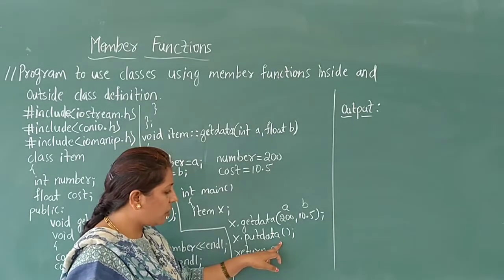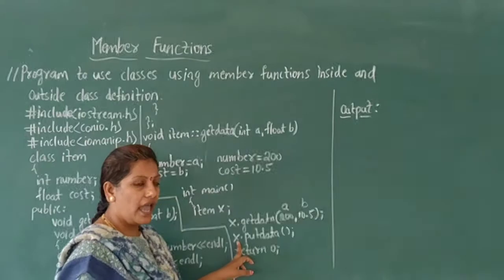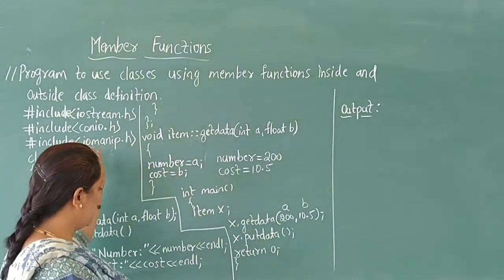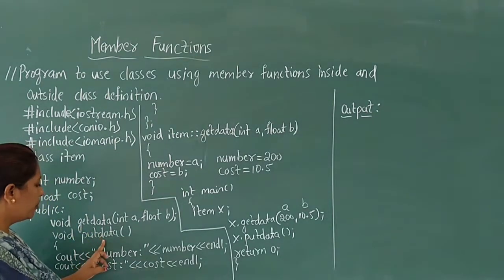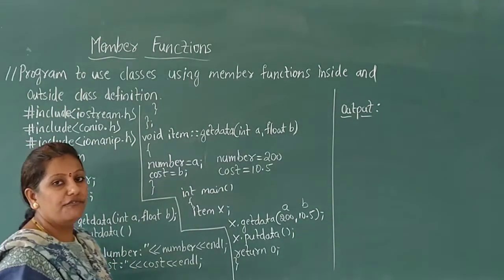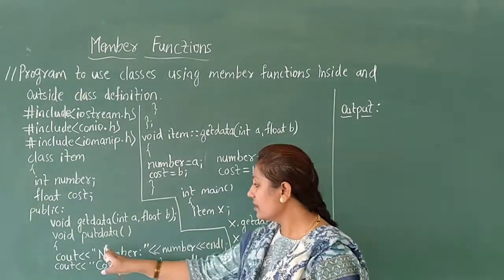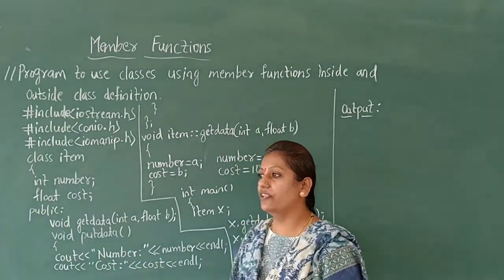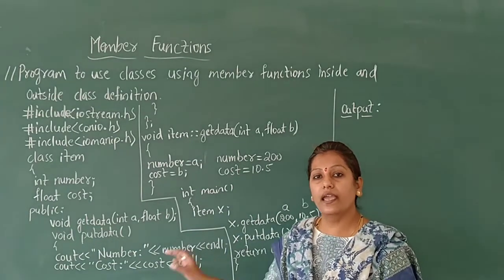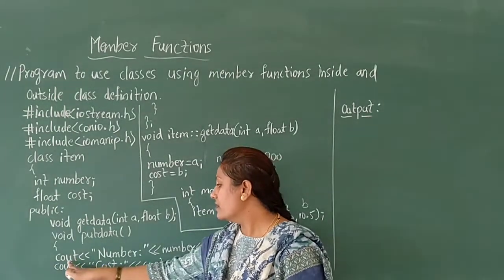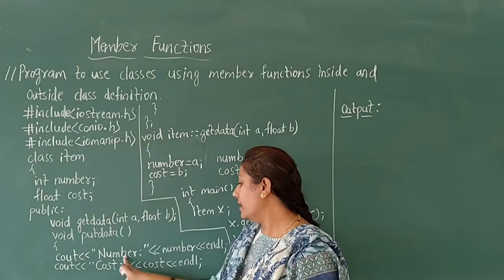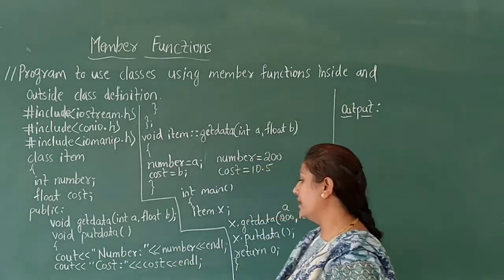Then this function is called using the object x. Then the control goes to the putdata member function where it is defined in the program. In this member function we have the following statement to be executed. Cout number is equal to number.